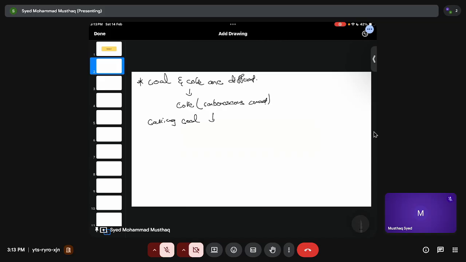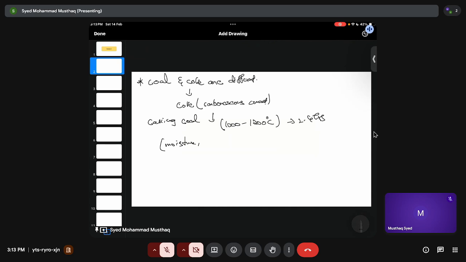Let's say the temperature is between 1000 to 1200, right? So what does this do? Whenever we do this treatment for 2 to 4 hours, first it will remove your moisture, right?